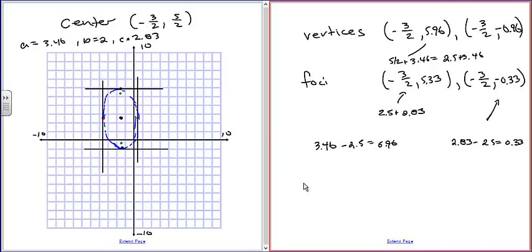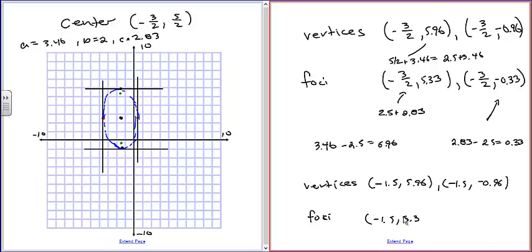So I'd probably rewrite these. Final answer here: the vertices are negative 1.5, comma, 5.96, and negative 1.5, comma, negative 0.96, and the foci are negative 1.5, comma, 5.33, and negative 1.5, negative 0.33.